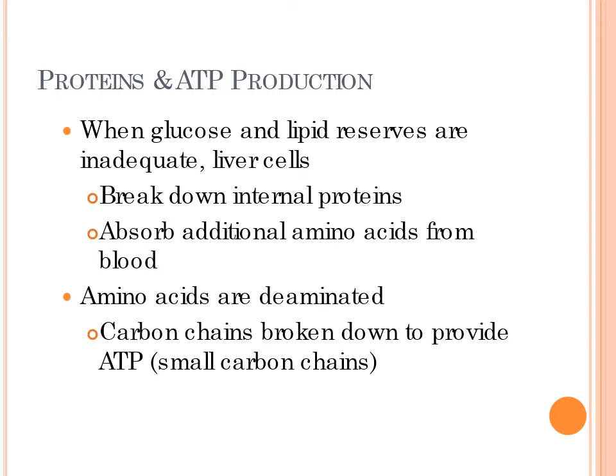When our body is lacking sources of glucose or lipid reserves, our liver cells can break down internal proteins and absorb additional amino acids out of the blood and break those amino acids into small carbon chains, which can then provide ATP.